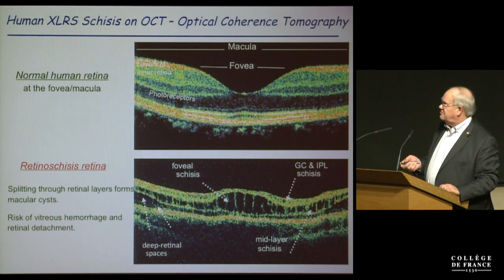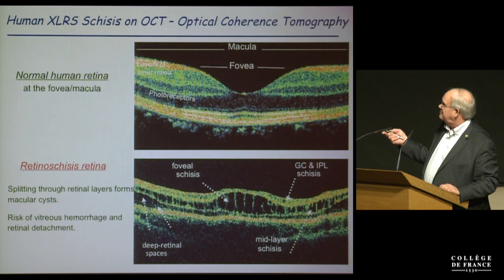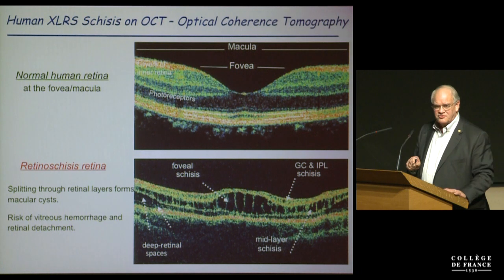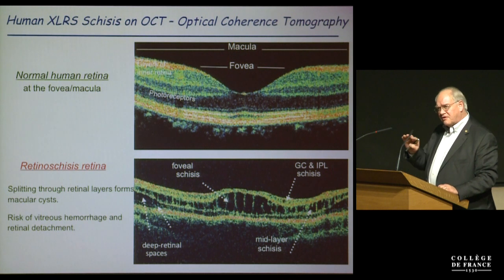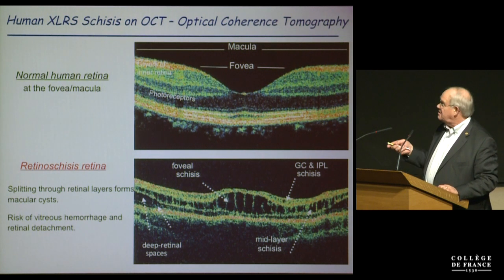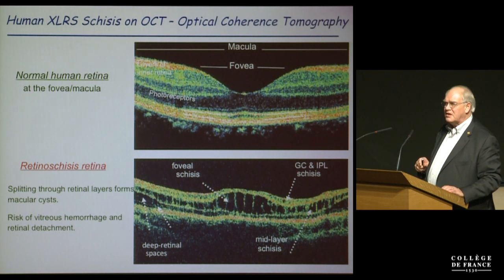Now that we have ways of looking at the retina in living people, one likes to see on the OCT a nice ordered structure such as this on the top. But those cavities that were drawn in 1898, those cavities show up here very clearly as cavities in the macula.